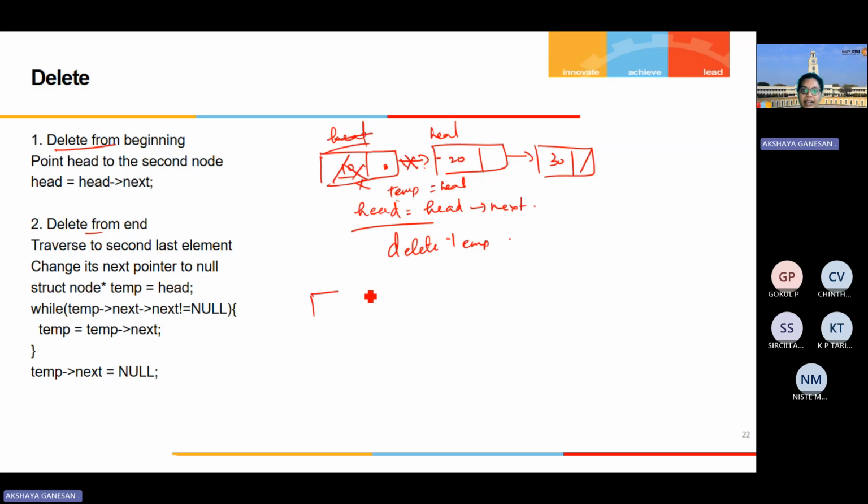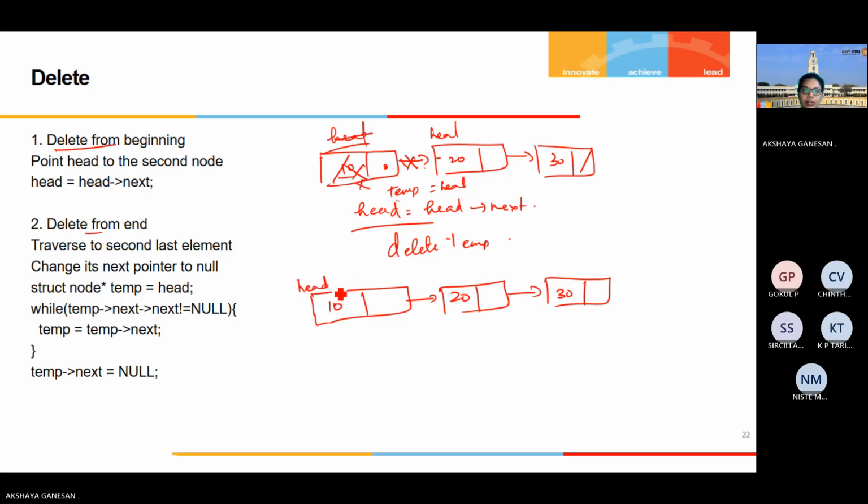Similarly, delete from end: you cannot directly delete from the end. You have to traverse through the list and then only delete. So 10, 20, 30, this is head. To delete the last element, you have to traverse to the second last element.